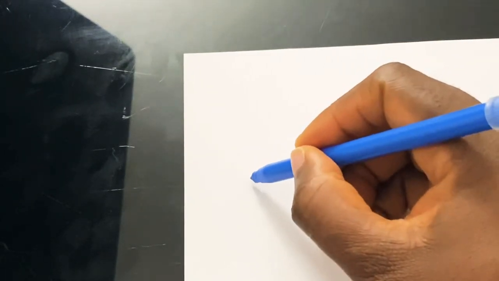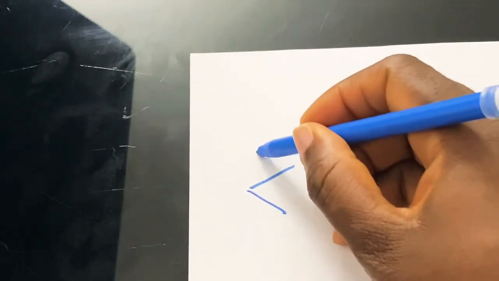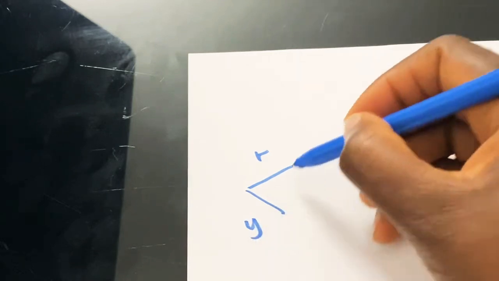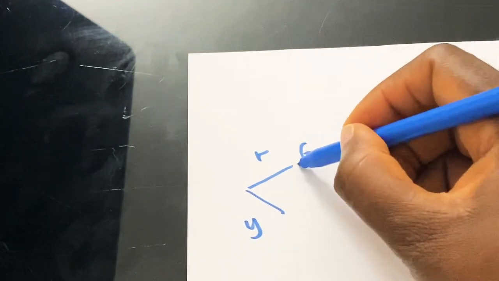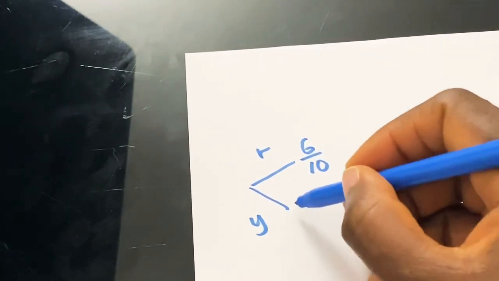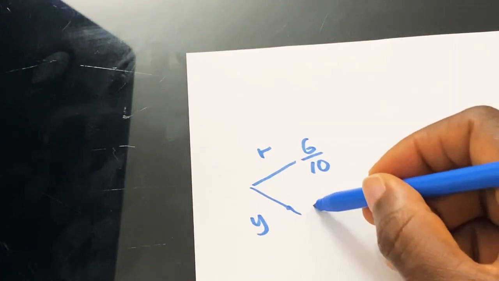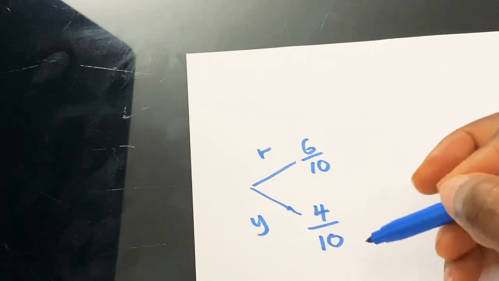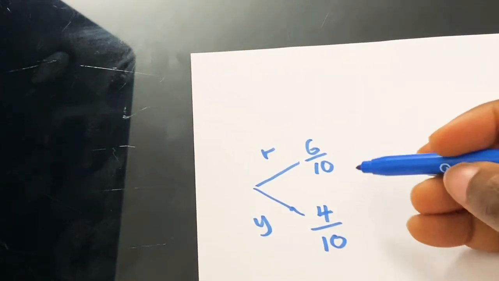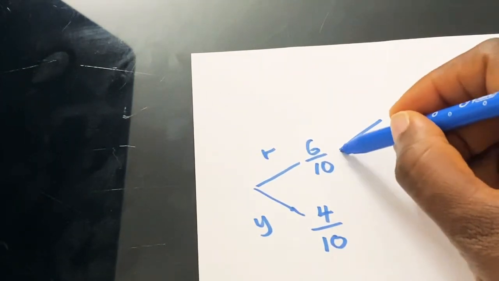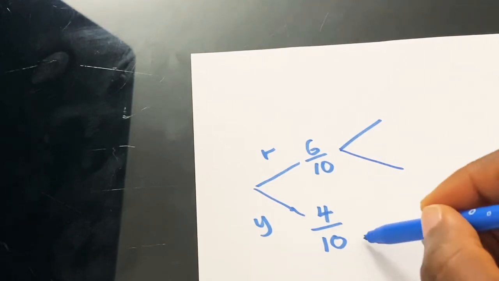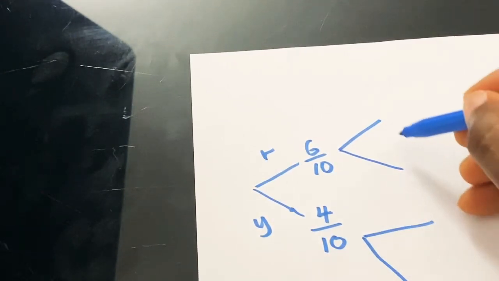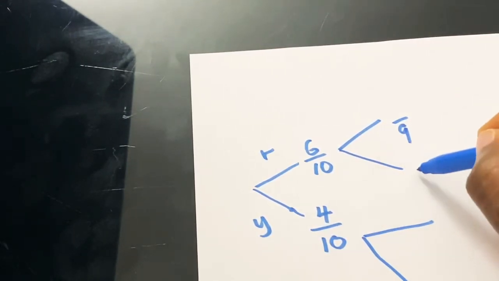The first time it's drawn, you could have a red or a yellow. The probability of a red would be 6 out of 10, and the probability of a yellow would be 4 out of 10, because there are 10 cards in total. Now the second time, the total possibilities would have reduced to 9, so it would be out of 9 this time, because it's without replacement.